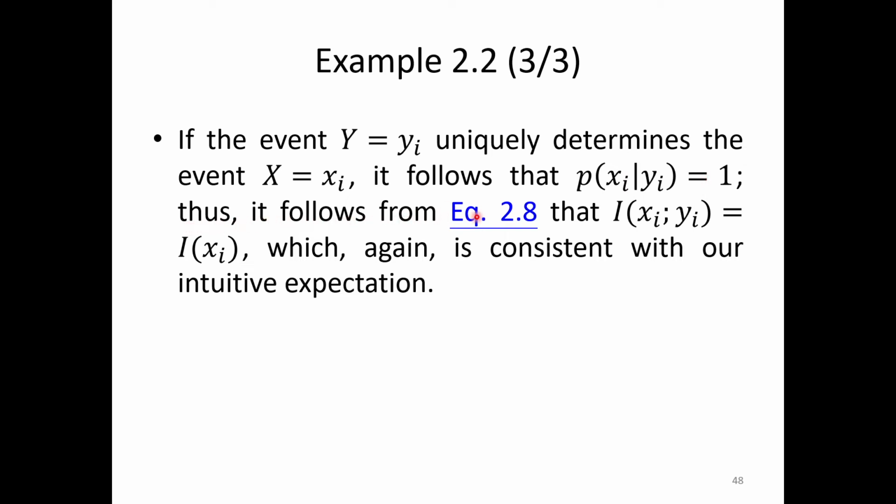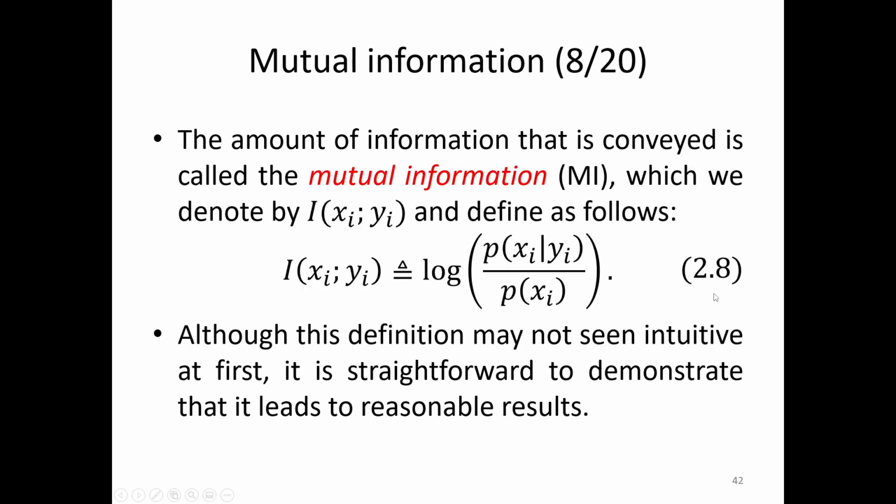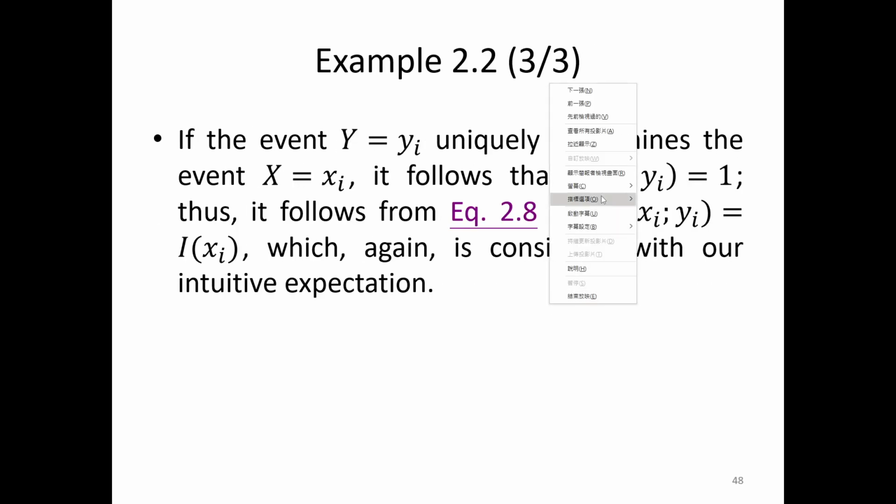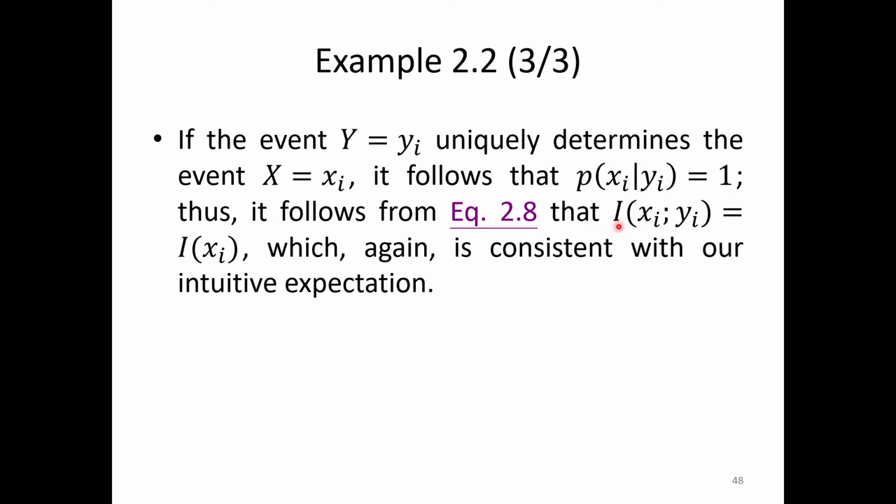Thus it follows from equation 2.8, the definition of the mutual information, that it becomes log 1 over P(x_i). So the mutual information of x_i and y_i is equal to the information of x_i, which again is consistent with our intuitive expectation.